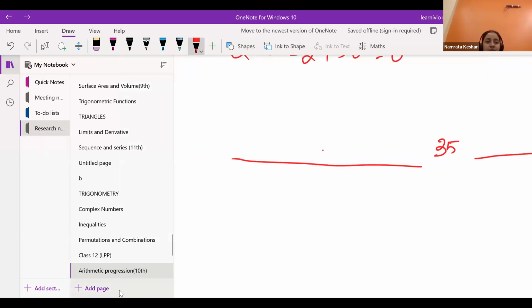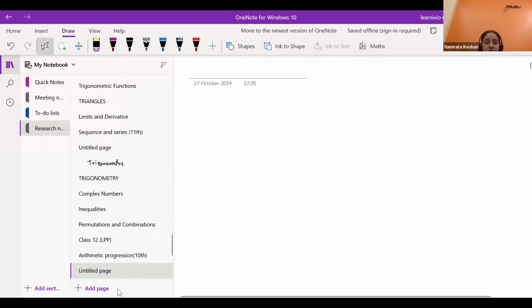So yeah, let's continue. So we are going to start triangles, right? Yeah. Now, do you understand the congruency concept, Zoha? Congruency, yeah, it's clear. Okay.